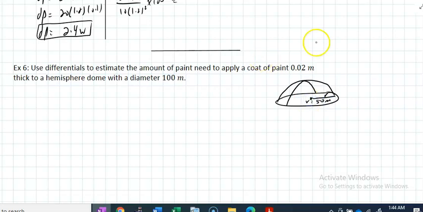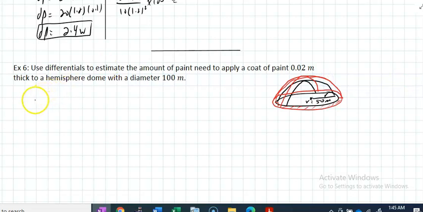And what you're going to do, you're going to add a 0.2. It's thinner than that, of course. Coat of paint. So they're asking how much paint would you need?